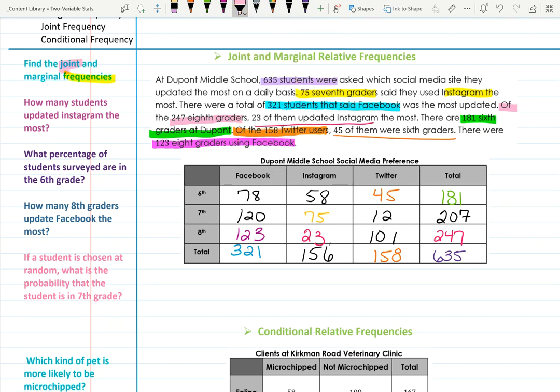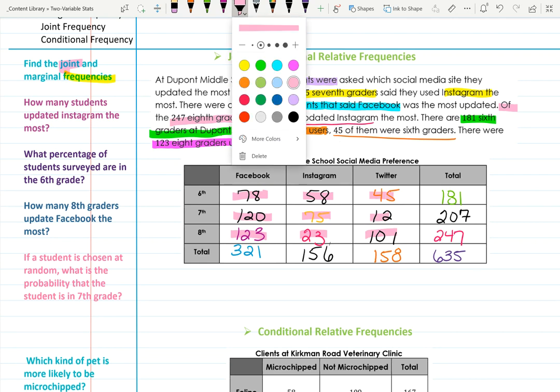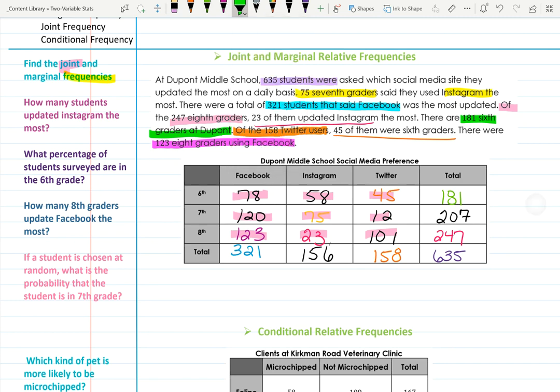So my joint frequencies, they join two categories. So everything in the middle, these are all joint frequencies. Okay? And then our marginal frequencies, those are in the margins of our table. So our marginal frequencies are in our margin. 635, the grand total, it doesn't usually get joined into either of those categories.